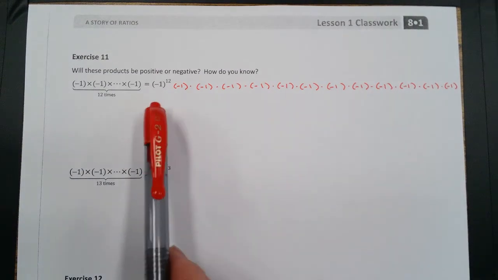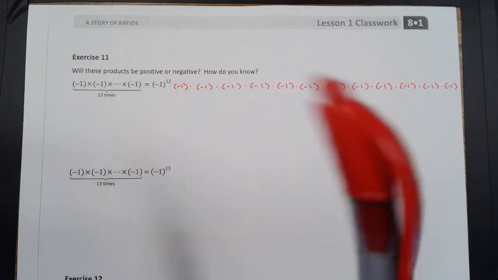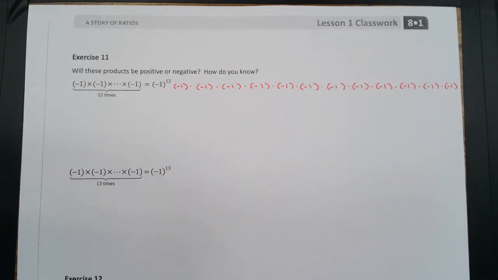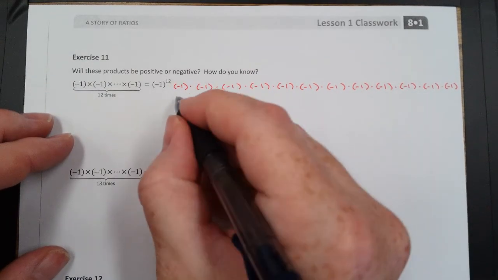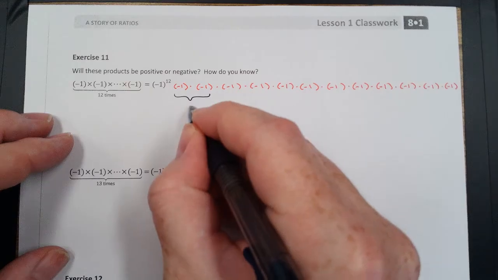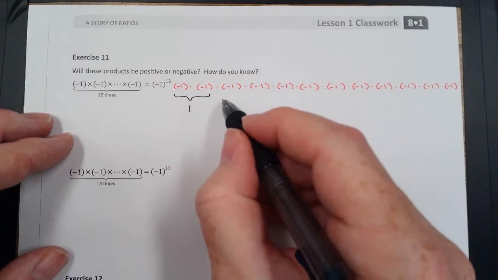This should show you why exponents are such a great deal, because instead of writing this whole thing out, we can just write something else short. Anyway, let's break this down and do pieces at a time. I know -1 times -1 makes 1, because a negative times a negative makes a positive.